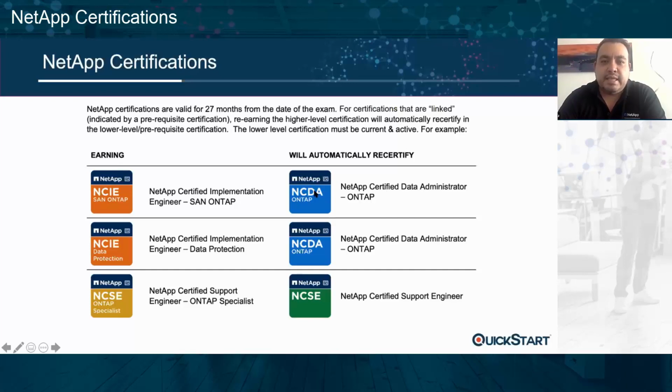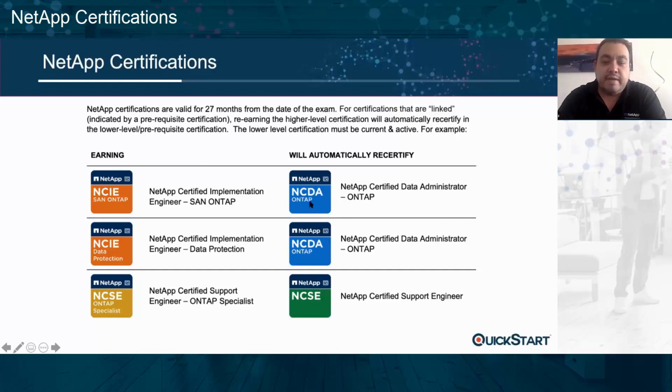So that means that the NCDA can be good for many years. I have recertified my NCDA like 3 times now, because once it was going to expire, I passed the NCIE SAN on top. And then when it was going to expire again, I took the NCIE data protection, and they gave me 2 more years of that NCDA.